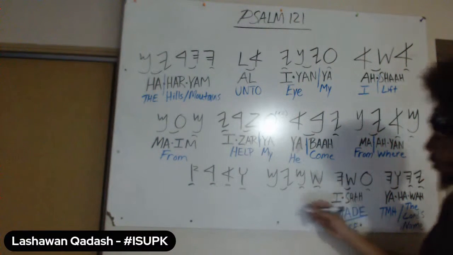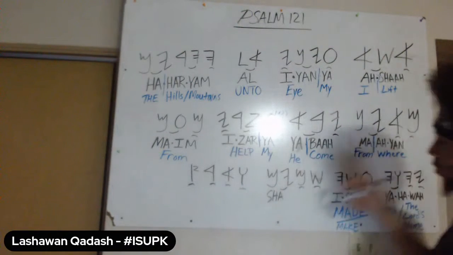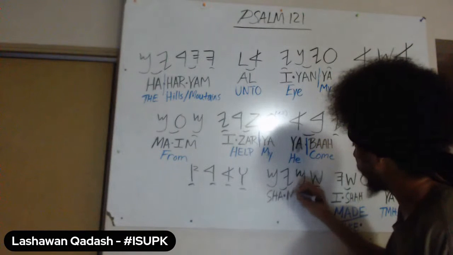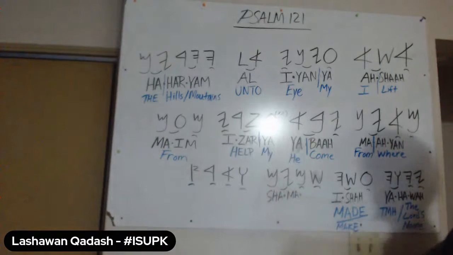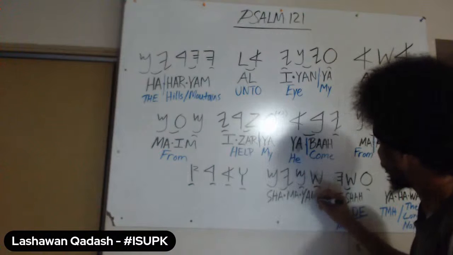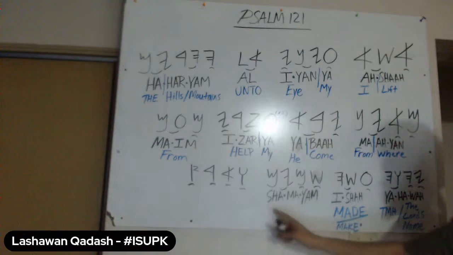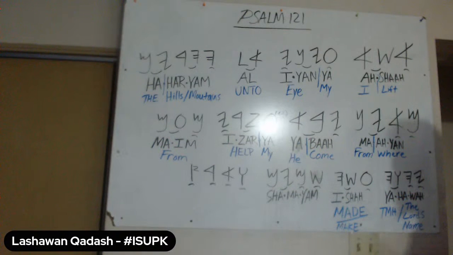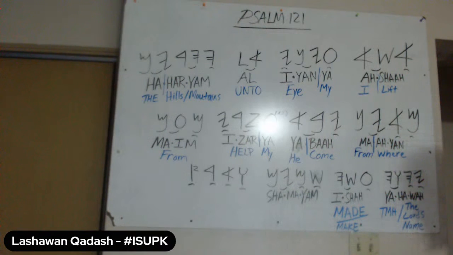Now, the sha is by itself. Sha. The ma is by itself as well. The ya and the ma is connected, so that gives you yum. All right, yum. Shemayim. Some people might say it fast, but it's Shemayim. All right. Okay, so Shemayim means waters or heaven.